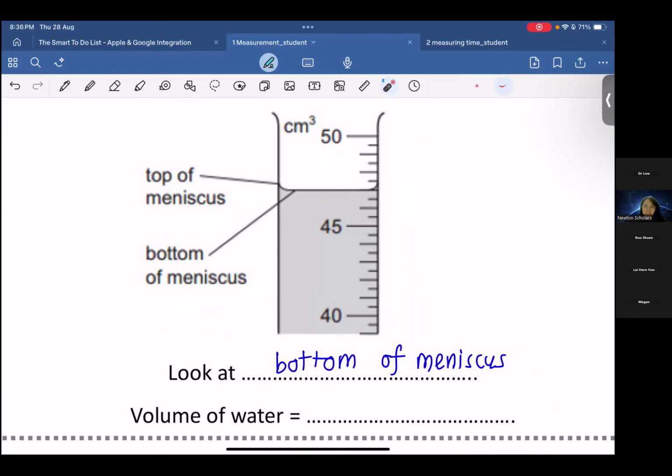Yes, Huito and Emily are correct. Draw your line here like this, showing that this is the correct position of your eyes. This reading actually is 47 cm cubed.